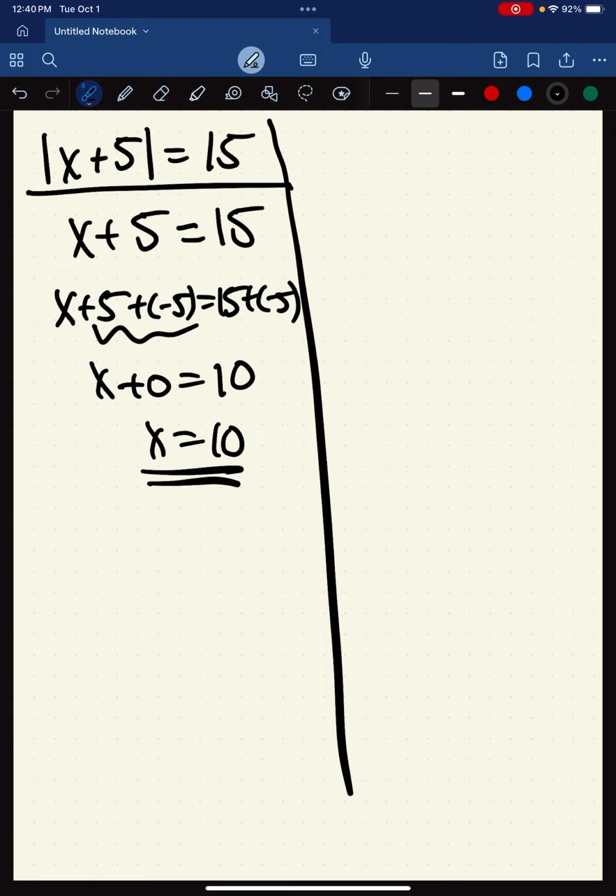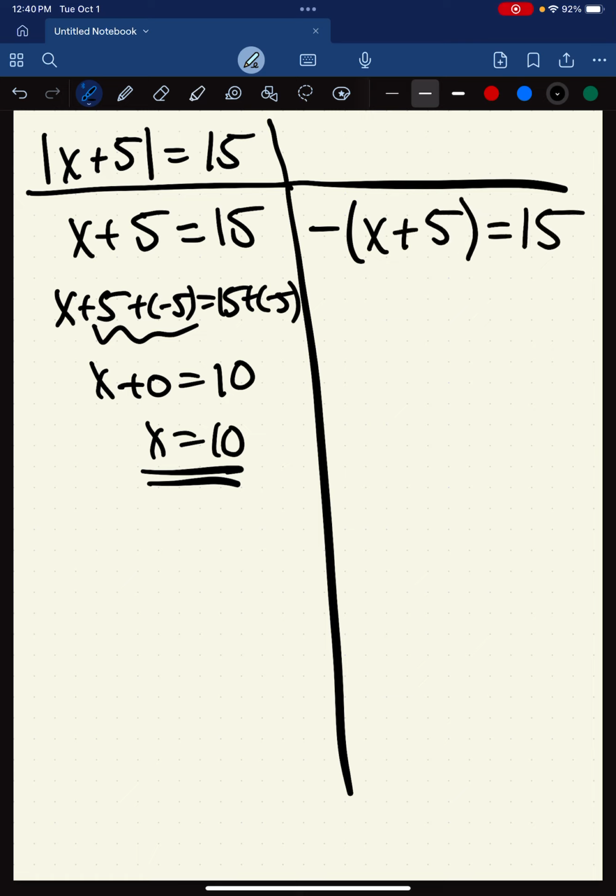There's one solution. The other is if we make it negative. You have to make the entire absolute value thing negative. Use the fact that we actually have a negative 1 out front to distribute.